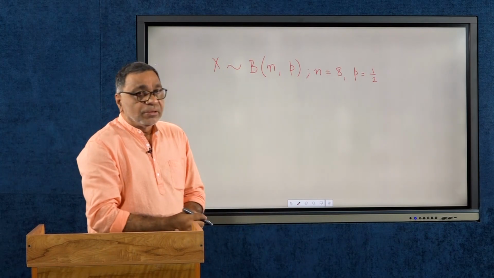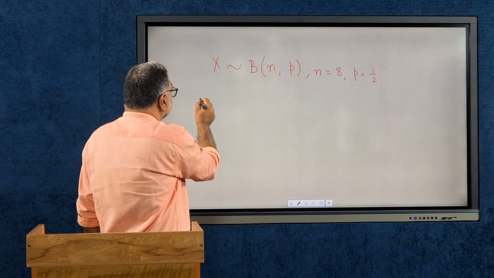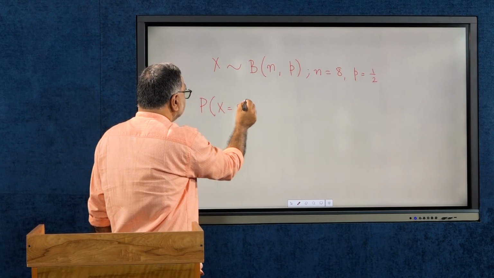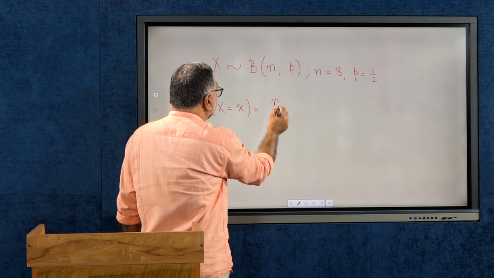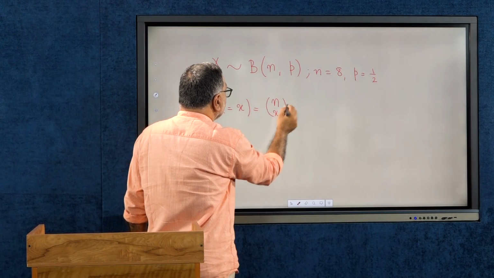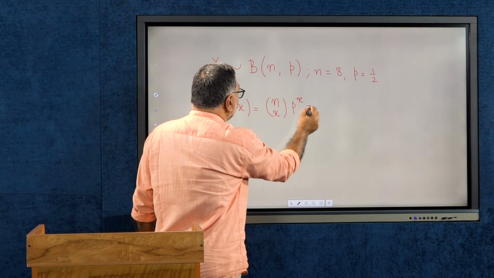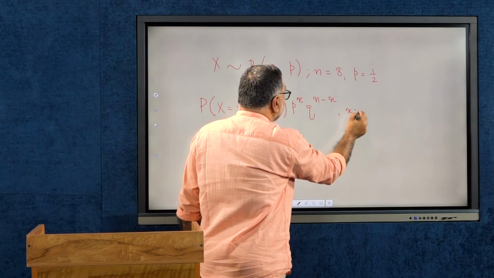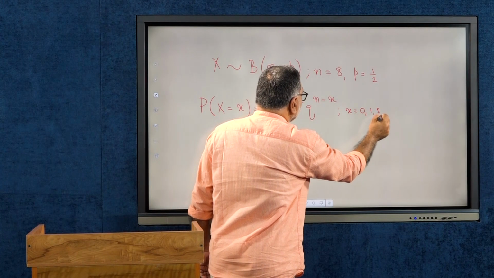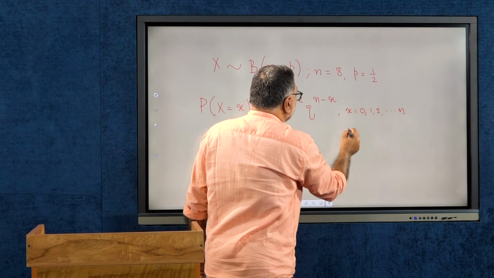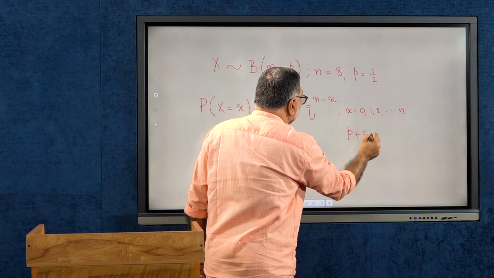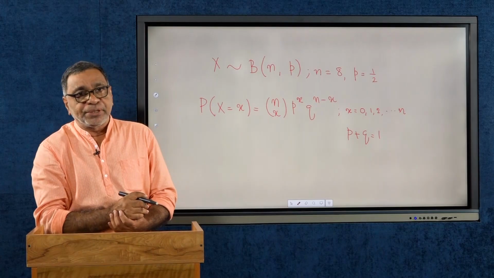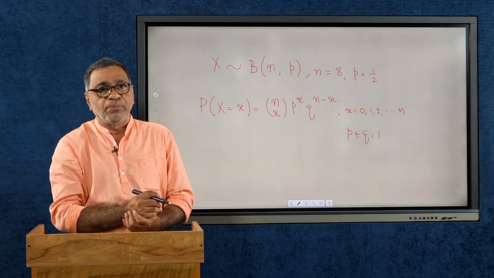If it is, we have the probability mass function, that is, probability of X equal to x is equal to nCx p power x q power n minus x, where x is 0, 1, 2 up to n, and p and q satisfy the equation p plus q is equal to 1. So, this is the probability mass function of the random variable X.